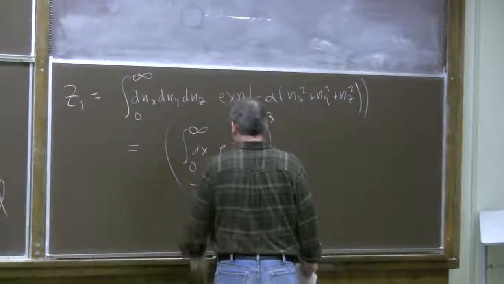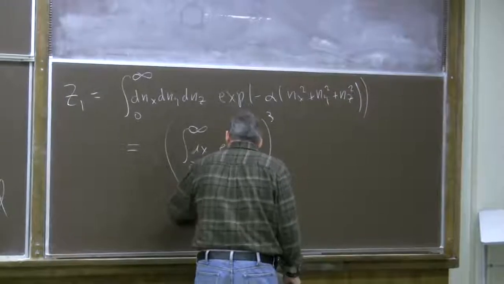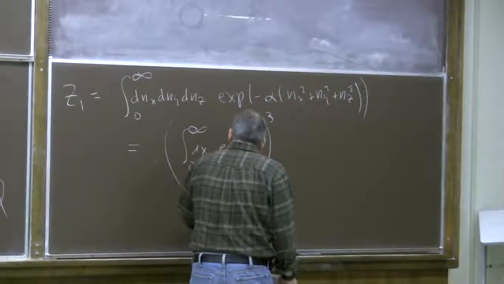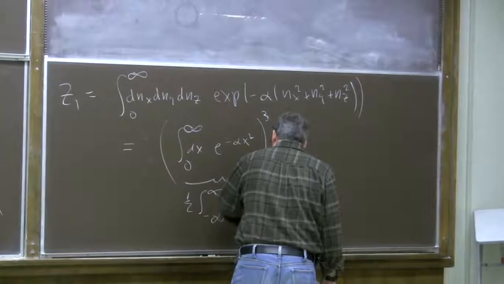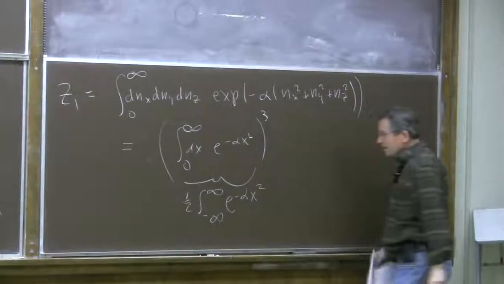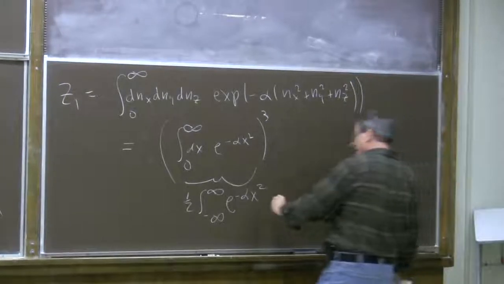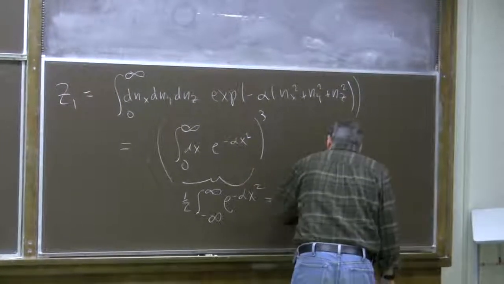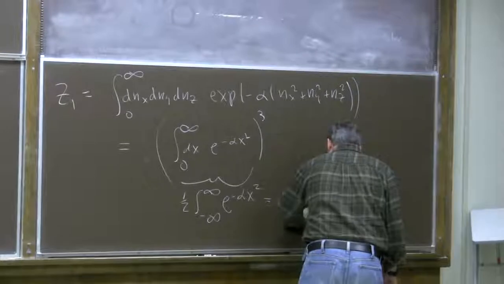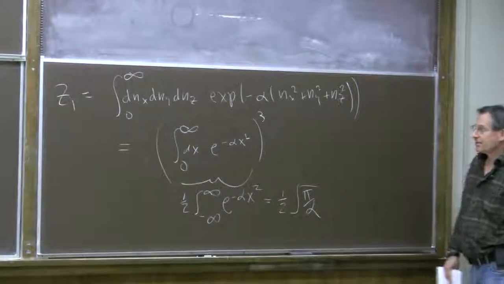And this is just 1/2 of the result of integrating from minus infinity to infinity of e to the minus alpha x squared, because it's an integral of an even function. And we've done that integral before. It's the square root of π over alpha. Okay, that's the thing that gets cubed.